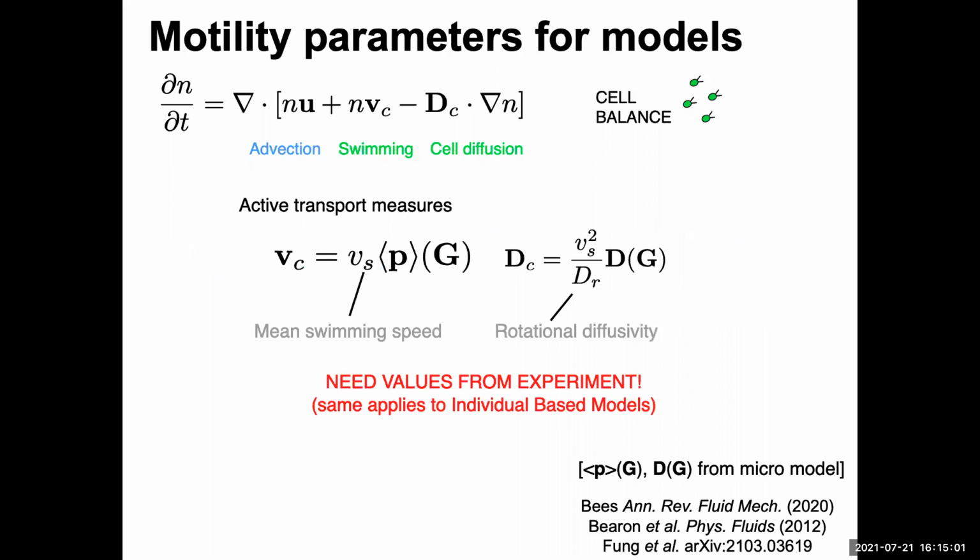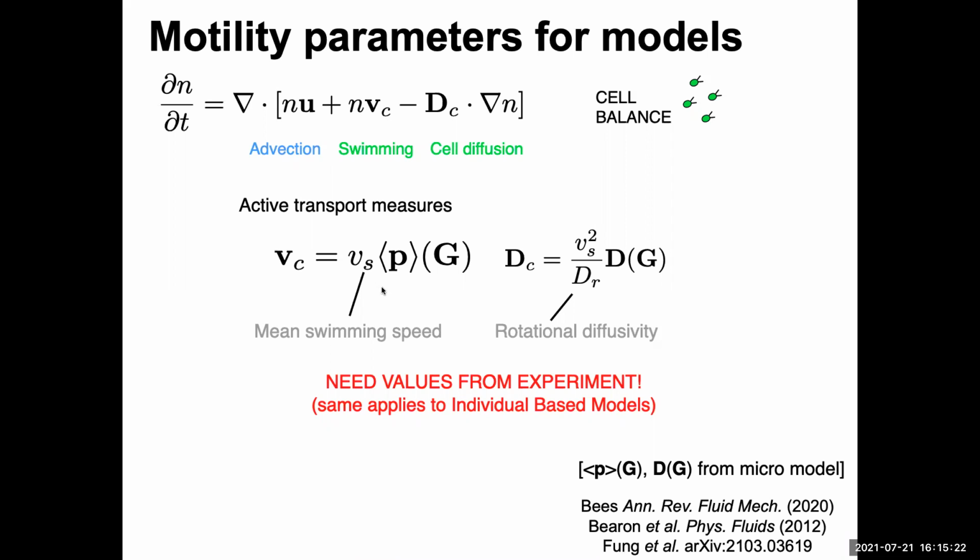So, for example, if we consider the conservation of cells, this has two active transport terms: the swimming velocity and the diffusivity tensor, and these depend on swimming parameters.